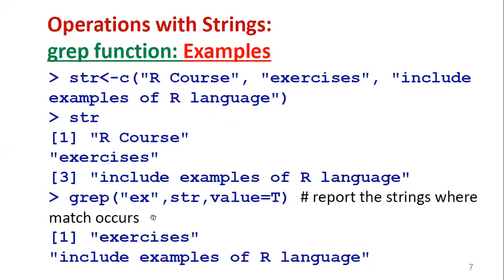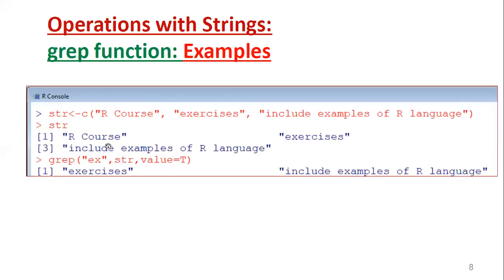So that is the difference between sub and grep. Grep finds the matching strings where the pattern occurs, and that entire string will be displayed, like all matching strings, not the first one only. Globally, this will work.